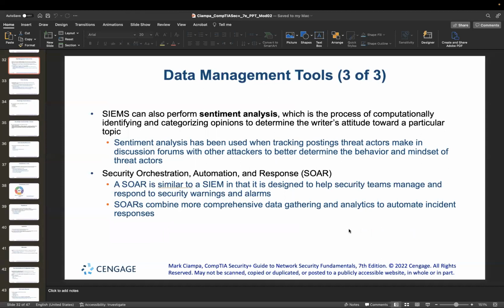So SIEMs, as I said, also give you the analysis. They do provide sentiment analysis, which is the process of computationally identifying and categorizing opinions to determine the writer's attitude towards a particular topic, right? That means the SIEMs look up different websites, they see how everybody's reporting about a specific vulnerability that your system has, what type of attacks are happening.